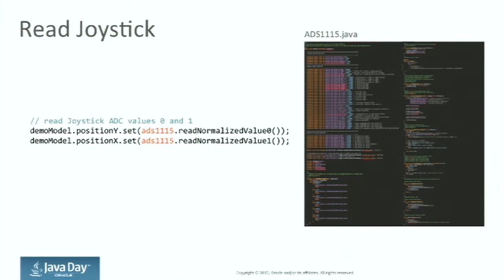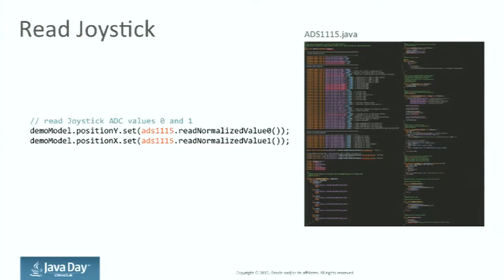So reading the joystick is very similar. I have a bunch of code which I printed up. There's a bit more code involved in this than the temperature sensor, but not a lot. I showed you that just to give you an idea of how much code. Basically, most of it is the initial setup of the device. The analog to digital converter is quite flexible. It can have many different modes.